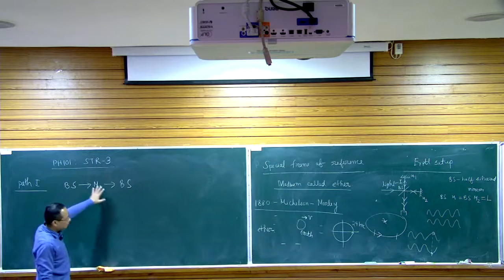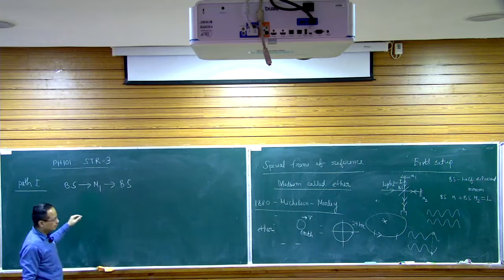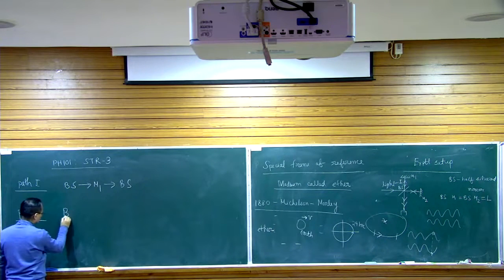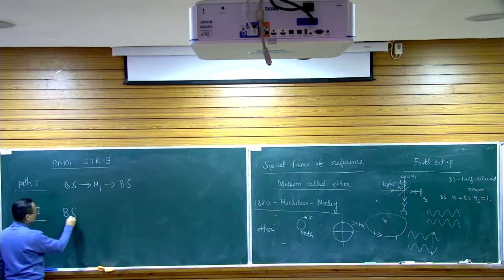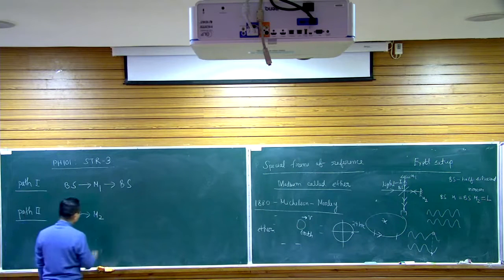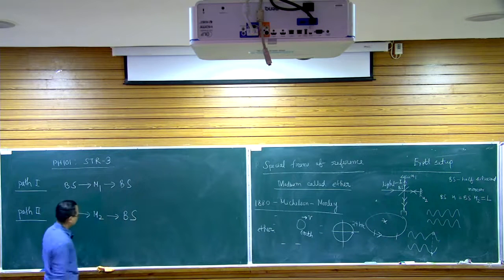So what is the time taken by light to complete this path? And then path 2. So in the case of path 2, let us say light starts from BS, it goes to M2, the other mirror, and from M2 comes back again to BS.